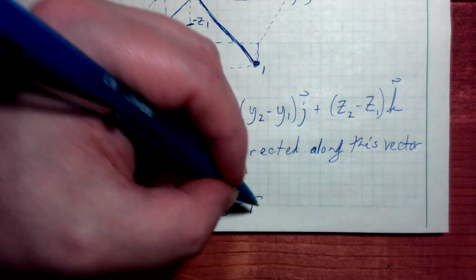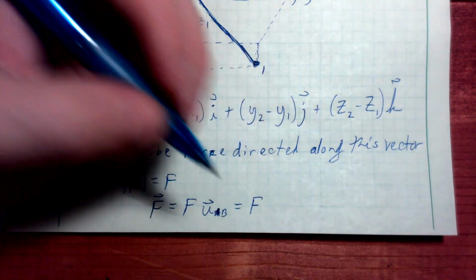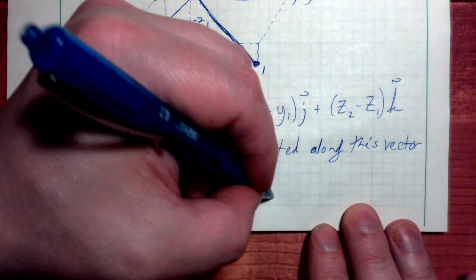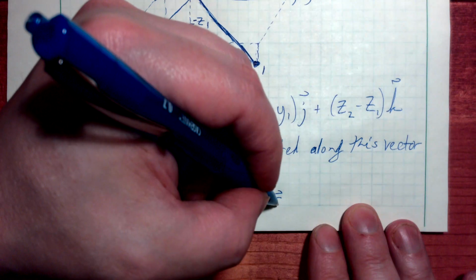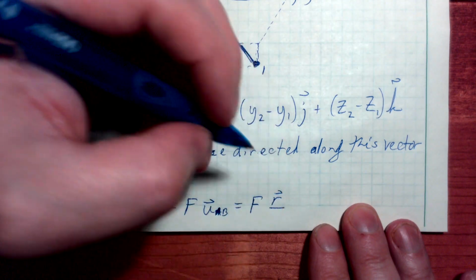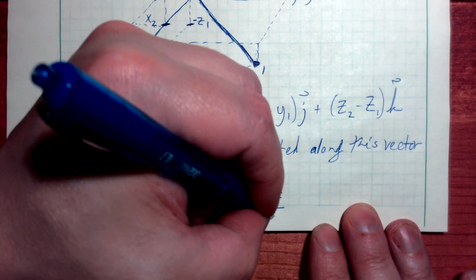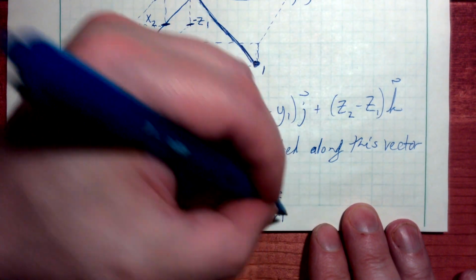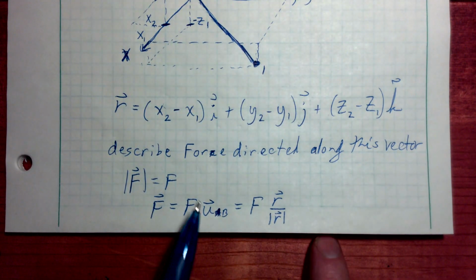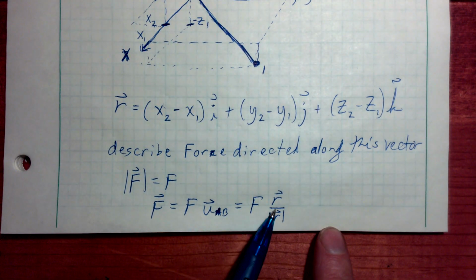So I could take the magnitude of that force, and how do I find a unit vector? Well, I would take the position vector divided by the magnitude of that position vector. And that would give me a unit vector, right? Because this has a magnitude R, and I divide it by its own magnitude, so I would get a magnitude of 1.